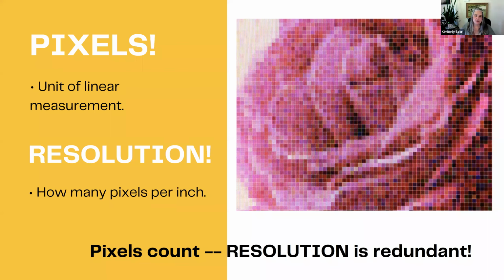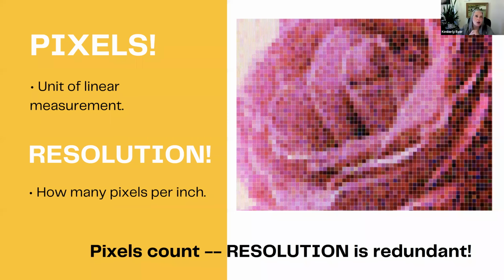So the biggest thing I want you to remember here is that pixels count. It's easier to do this if you think of the pixel rather than the resolution. The resolution is redundant. When the pixels change, that's what's important. So when somebody says, give me a higher resolution image, pin them down. Say, how many pixels do you want?